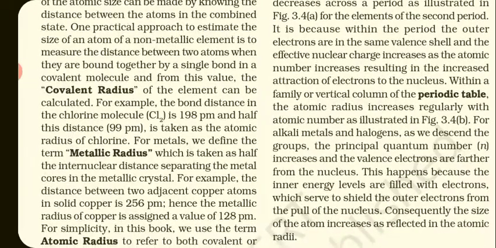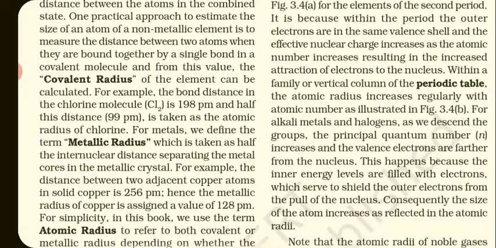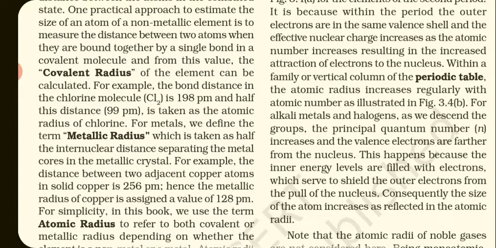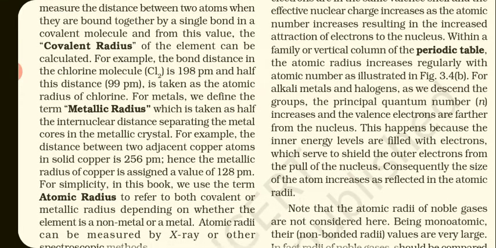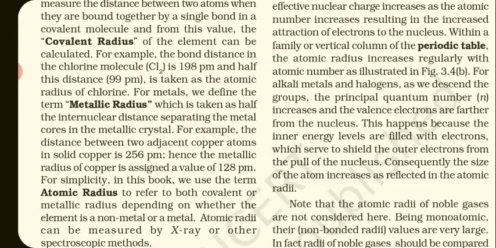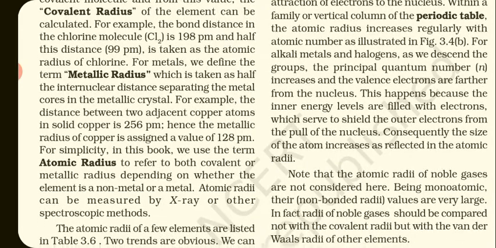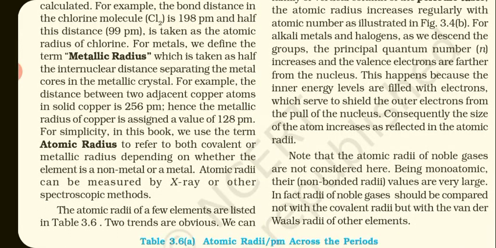It is because within the period the outermost electrons are in the same valence shell and the effective nuclear charge increases as the atomic number increases, resulting in an increase in the attraction of electrons to the nucleus. Within a family or vertical column of the periodic table, the atomic radius increases regularly with the atomic number, as illustrated for alkali metals and halogens, as we descend the group.